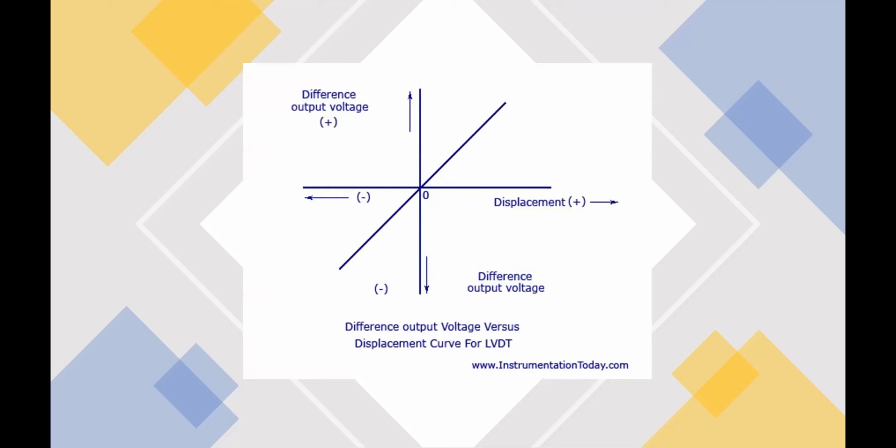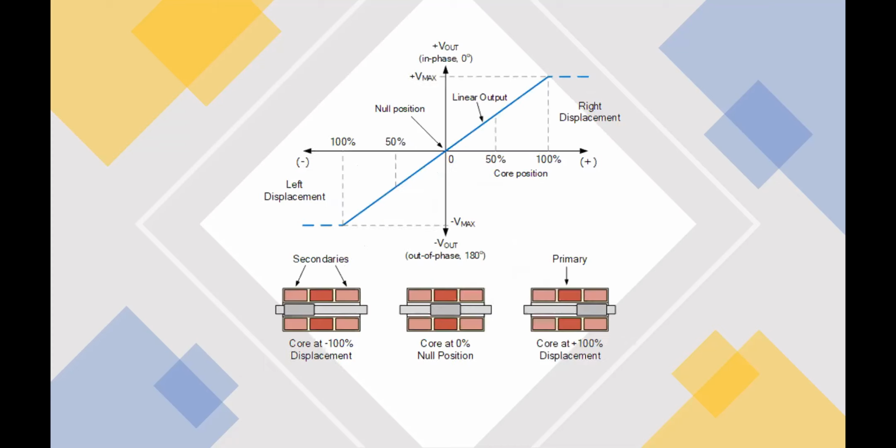Okay, so this is the graph based on the displacement and also the output voltage being produced. If you can see from the video that Hasana already showed us, if the core is at the center, it will produce zero voltage.